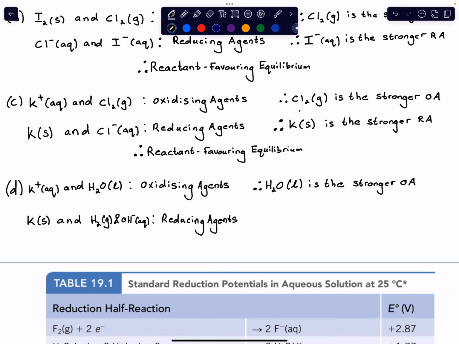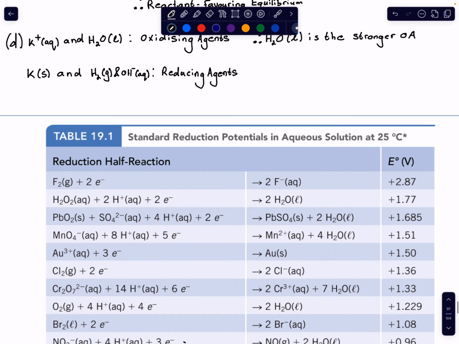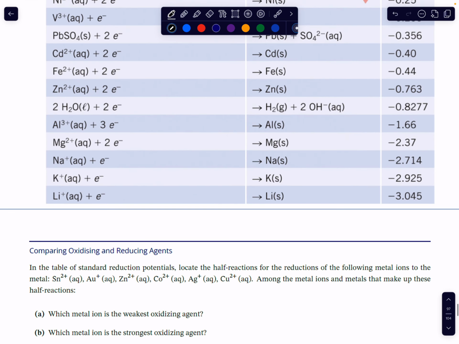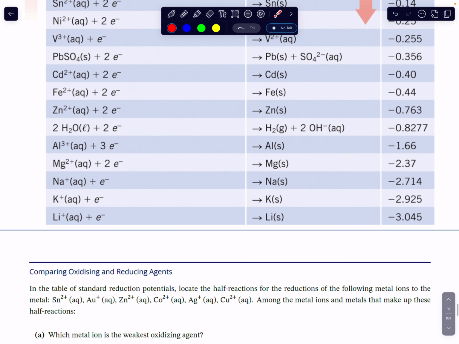Oxidizing agent, right? Because it would rather be reduced than K+ would want to be reduced. All right, and then the same for potassium solid and the others. If we look at that, potassium solid lies below the hydrogen and the hydroxide, so that means it would rather be oxidized, making it the stronger reducing agent, right? Because it lies below.